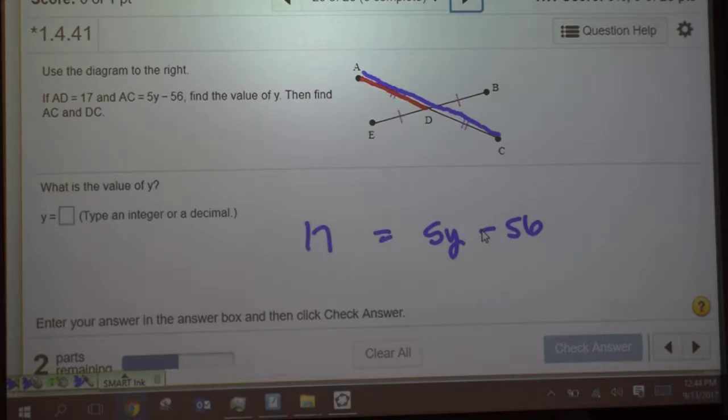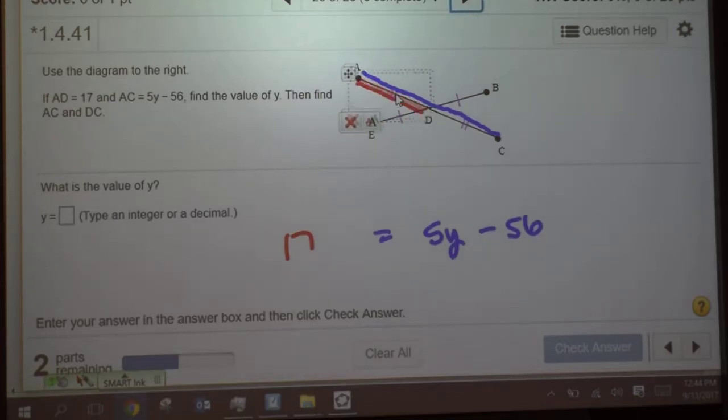But if I look at those visually, is the red segment the same as the blue segment? No, they're not the same. They're drastically different. So I know, in fact, that 17 is not equal to 5y minus 56. But is there a way that I can manipulate one of these so that they become equal? You multiply 17 by 2.